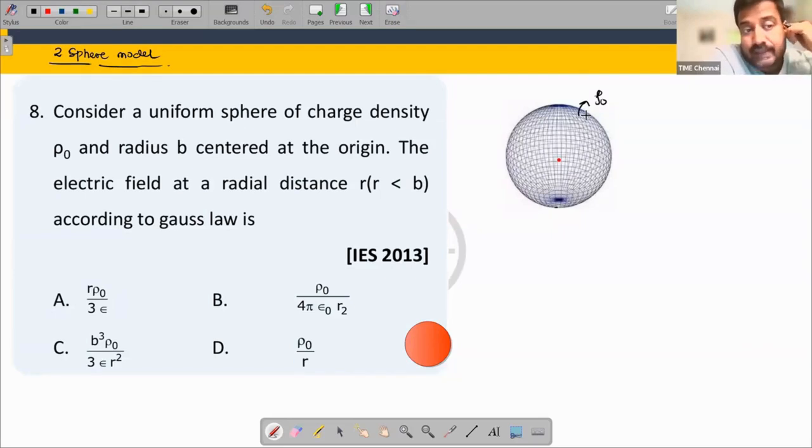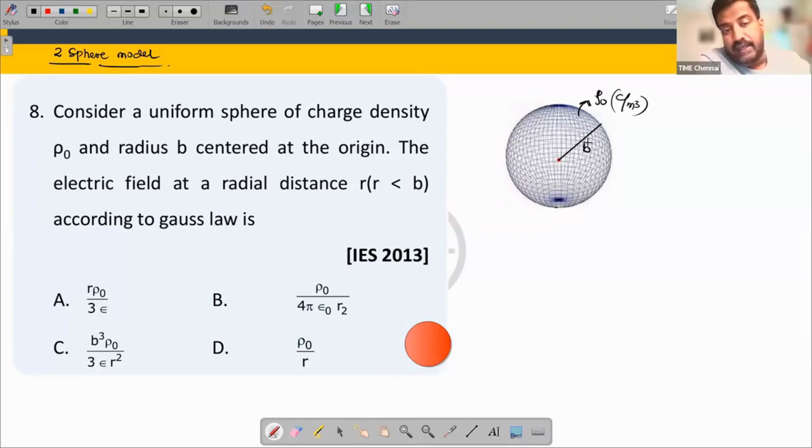Consider a uniform sphere of charge density rho naught and radius b, centered at the origin. It is carrying volume charge density rho naught coulomb per meter cube.